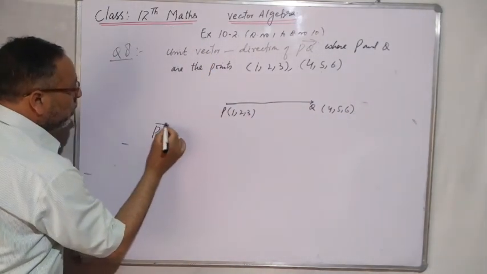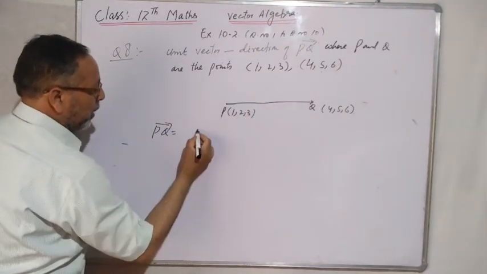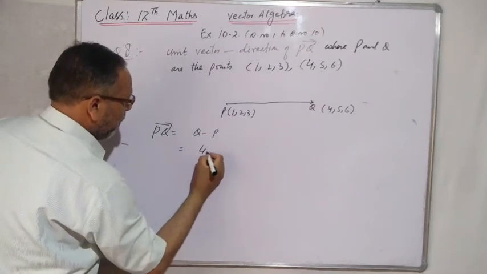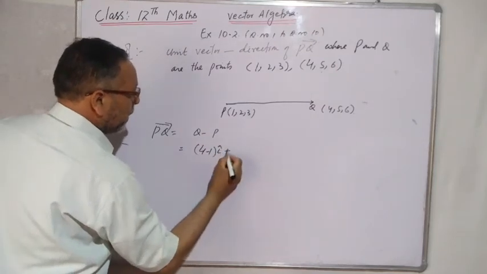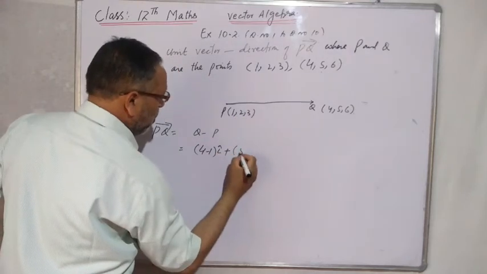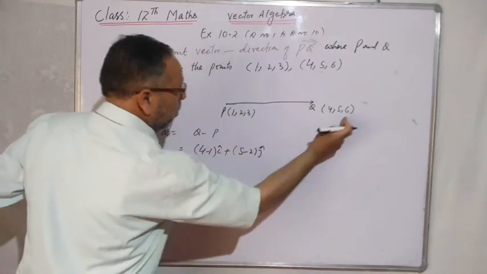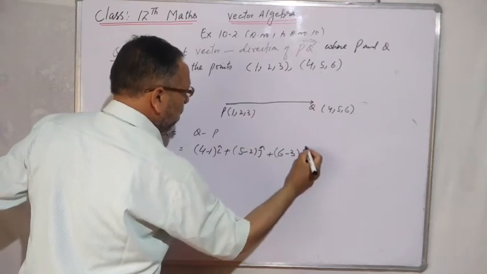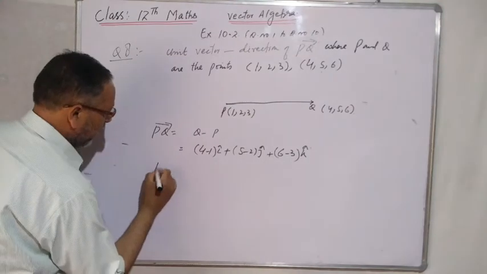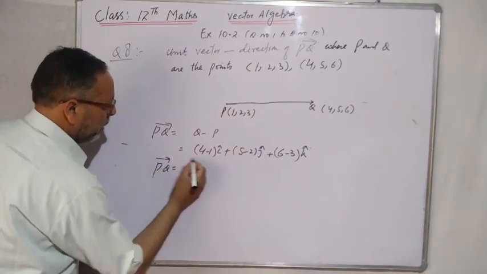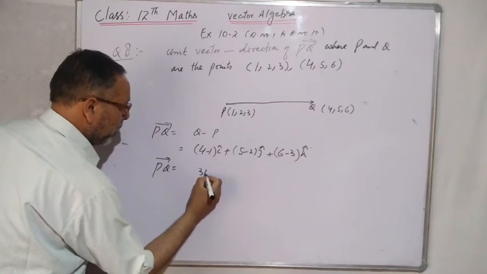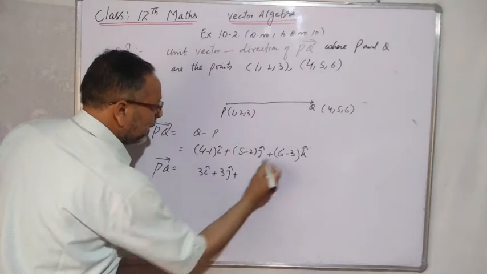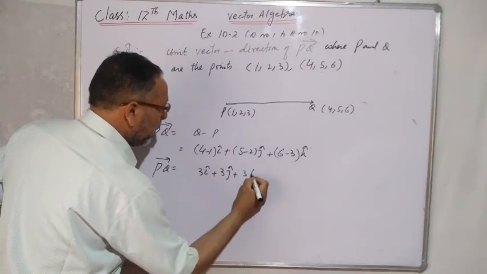Vector PQ is Q minus P. It will be 4 minus 1 i cap plus 5 minus 2 j cap plus 6 minus 3 k cap. So vector PQ is equal to 3 i cap plus 3 j cap plus 3 k cap.